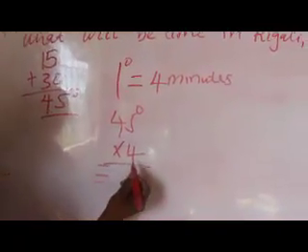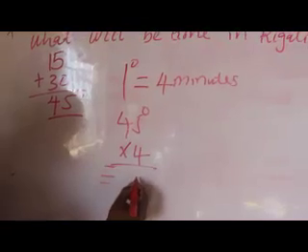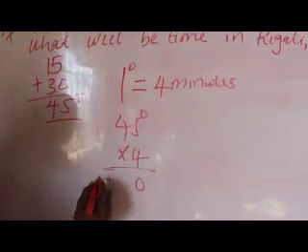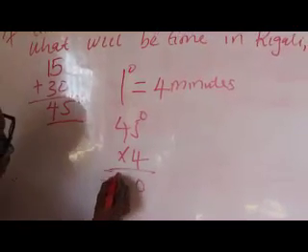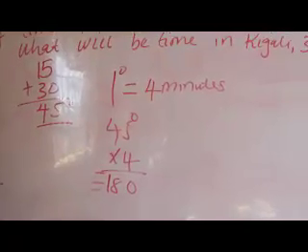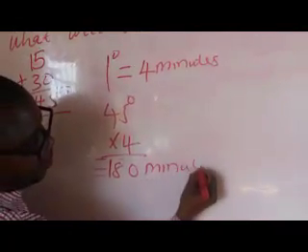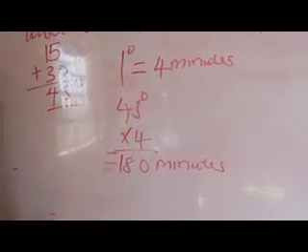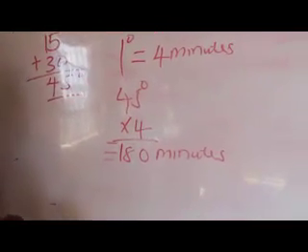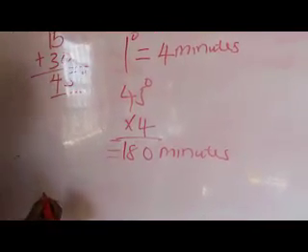So when you multiply, this is 20, this is 16, 18. So that is 180. 180, these are minutes. But we are not interested in the minutes. What we are interested in is time in hours.